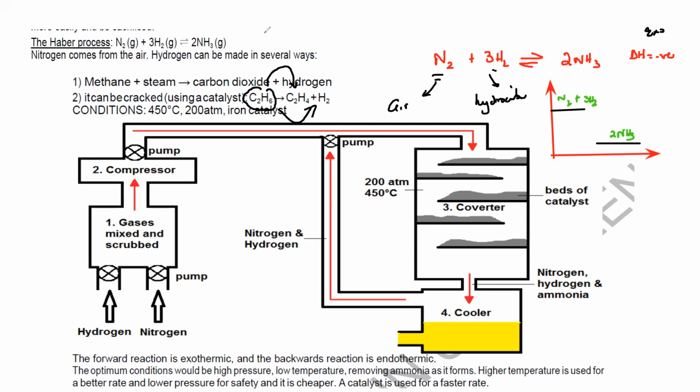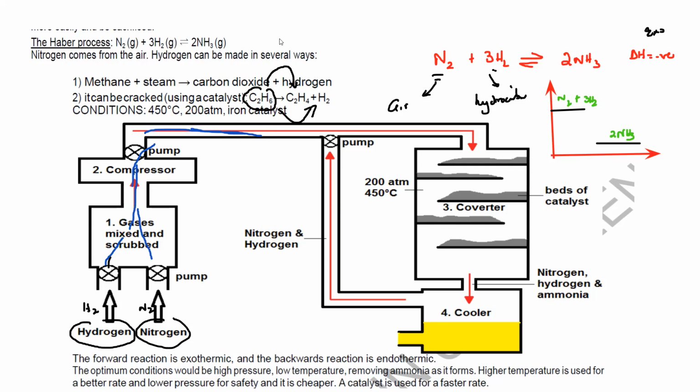So first what we do, we have hydrogen gas, which is H2, and nitrogen gas, which is N2. We pump them, so the nitrogen and hydrogen gases are pumped and compressed. Then we use a catalyst here.